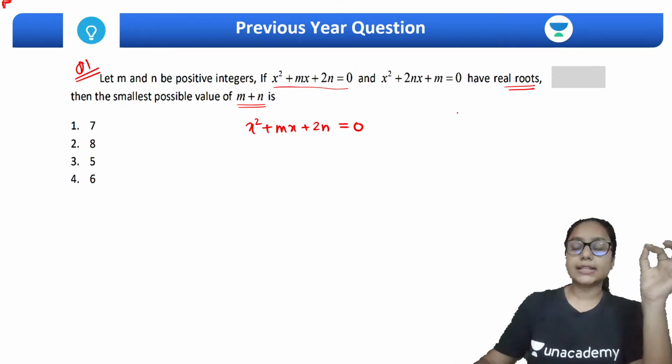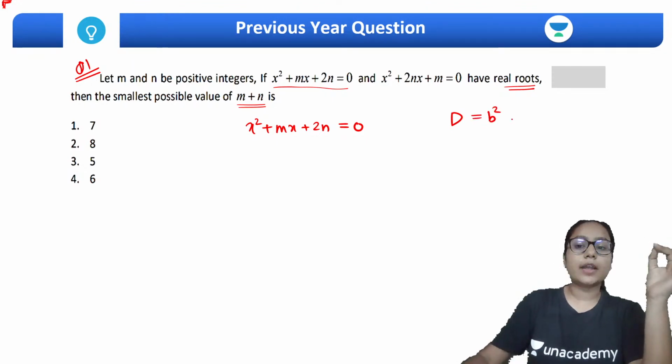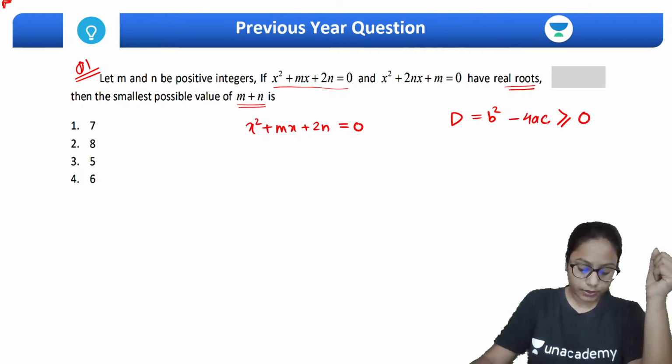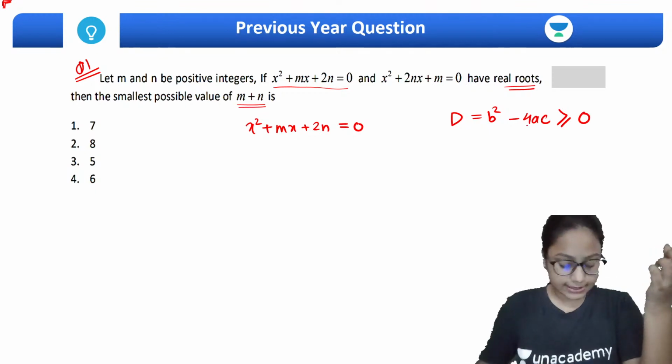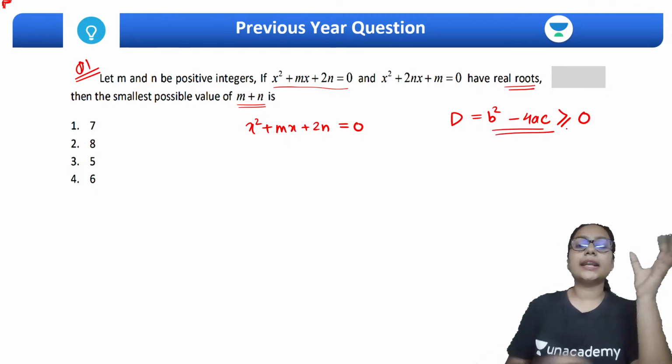If an equation has real roots, it means that the discriminant, that is b square minus 4ac, is greater than or equal to 0. Correct. So this should be greater than or equal to 0.